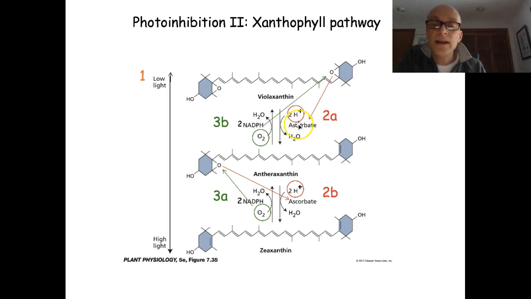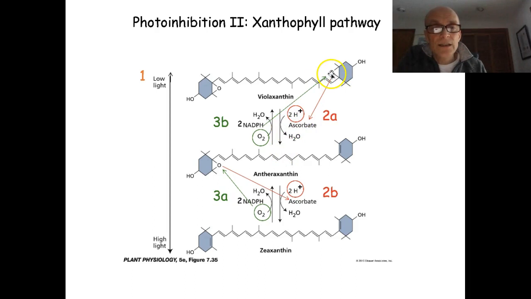And what is ascorbate? Ascorbate is vitamin C, so ascorbic acid. So vitamin C is a quencher of reactive oxygen species. So while plants produce vitamin C, they can also use it for their own protection. So it's not just something that animals use as a vitamin.